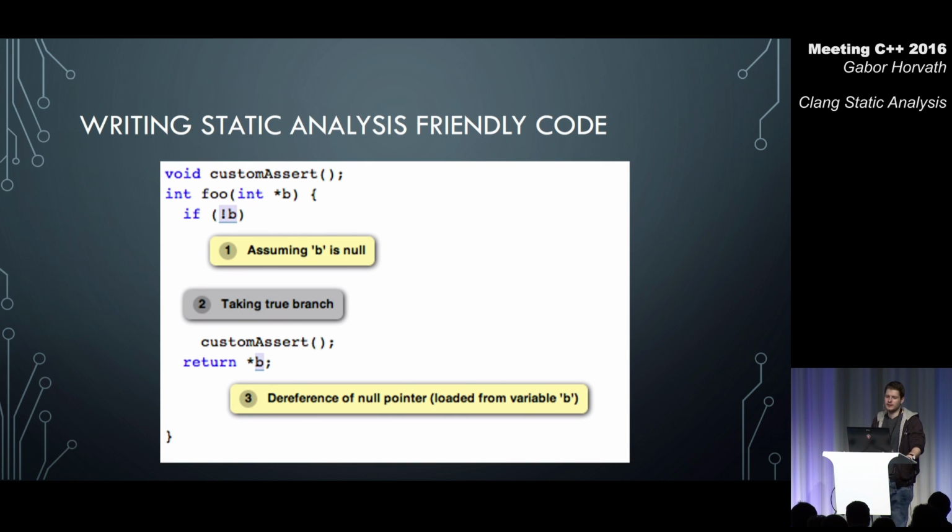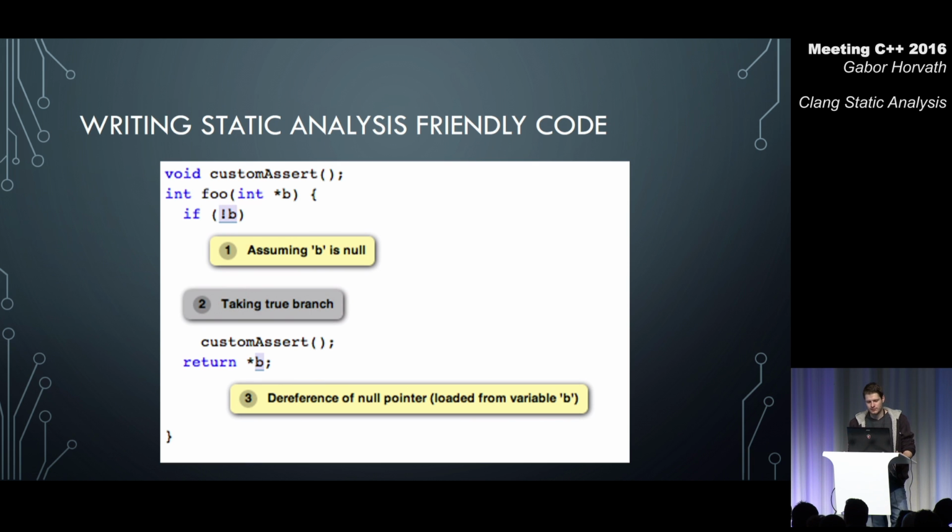So let's look at why it is important to annotate custom assert functions. In this code, the user wanted to assert that the value of this pointer is never null. Unfortunately, what the analyzer can see right now is an inconsistency in this code: the author did consider the case that the value of this pointer might be null, and then dereferenced this pointer in a branch that is not guarded by the check.